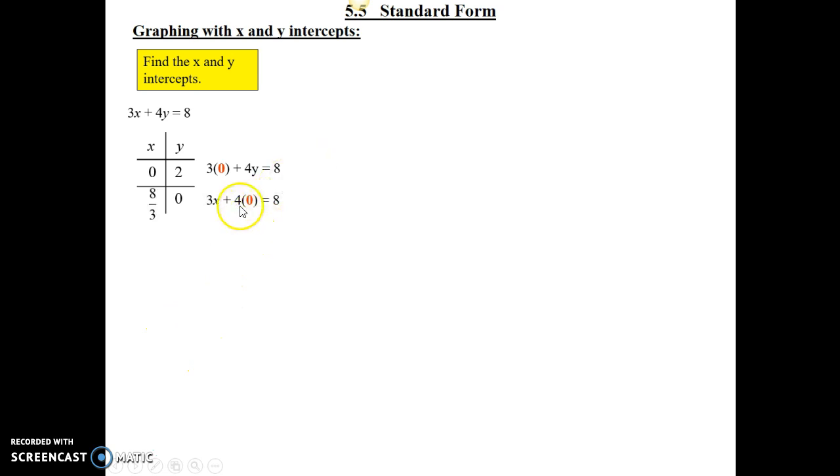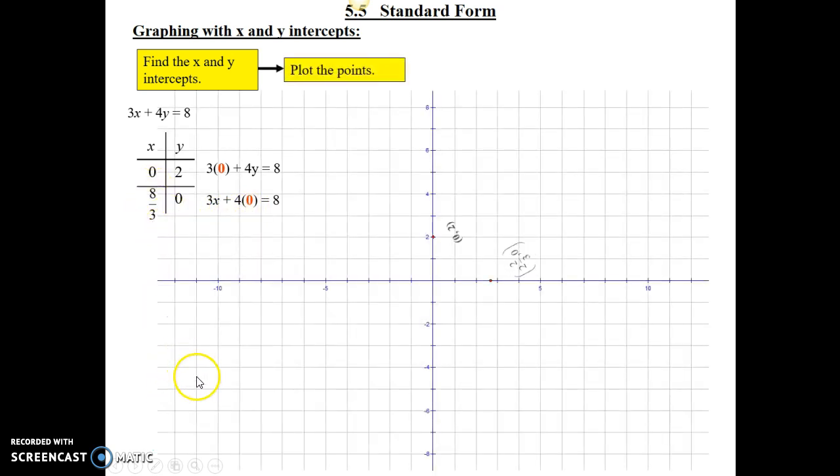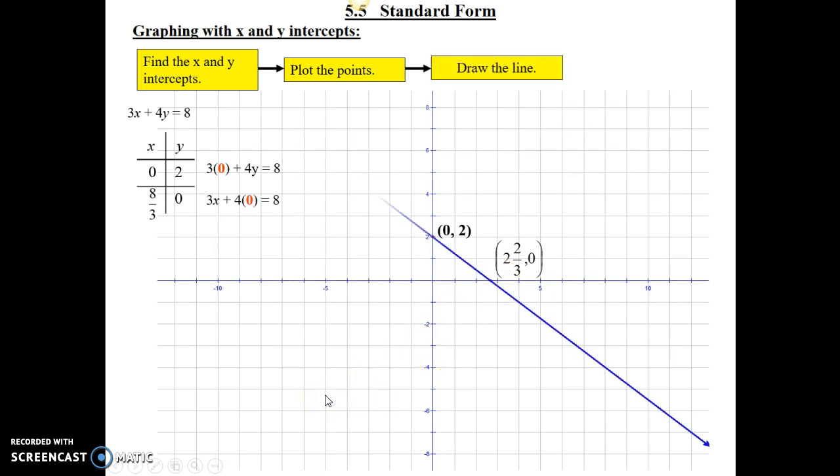When we plug in 0 for y and solve it, we find out that x is actually 8/3. And when we plot those points, 8/3 is 2 2/3. So I plot the x-intercept on the x-axis, the y-intercept on the y-axis. Notice I went 2 and about 2/3 of the way to number 3. And then I draw my line.